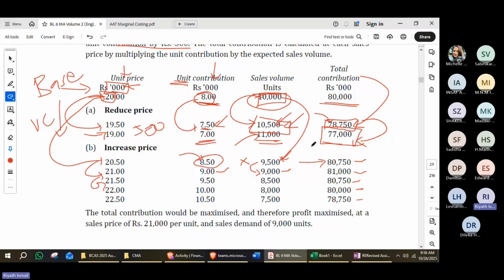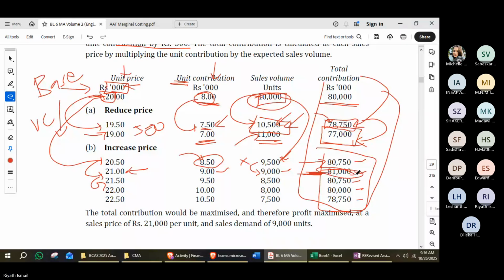When we look at these contributions, setting the price at 21,000 gives us the maximum contribution. Therefore, the total contribution will be maximized, and profit maximized, at a sales price of 21,000 per unit and sales demand of 9,000. Even though the current sales drop, they can maximize their profit.